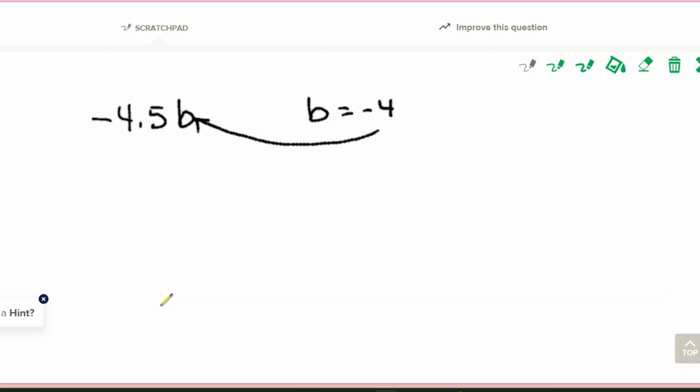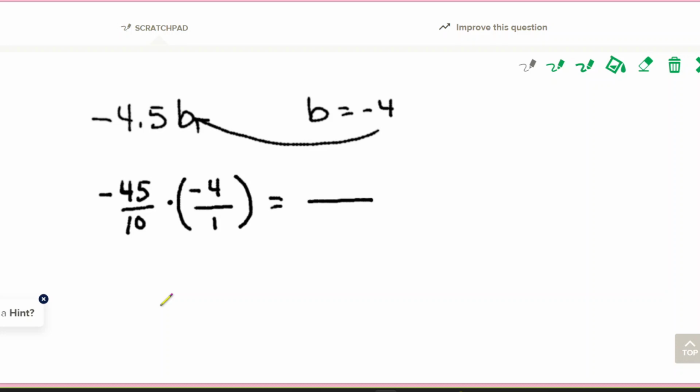So this negative 4.5, I'm going to rethink of as negative 45 tenths, multiplied by, and then b is negative 4. So I'm replacing b with negative 4. That'd be negative 4 over 1. If I think about it as a fraction, if there's no denominator, it's a denominator of 1. And then I'll multiply my fractions here.